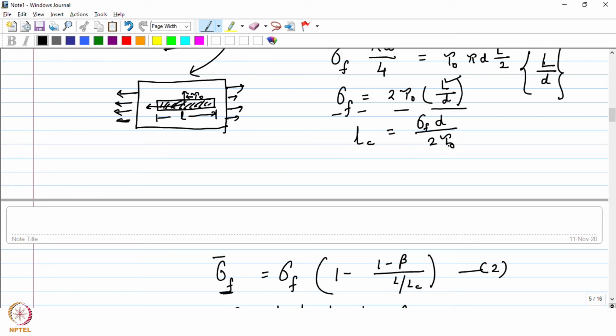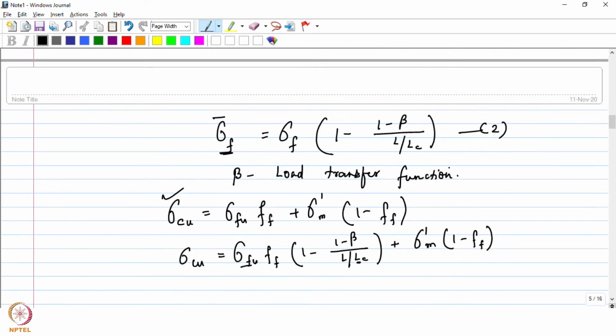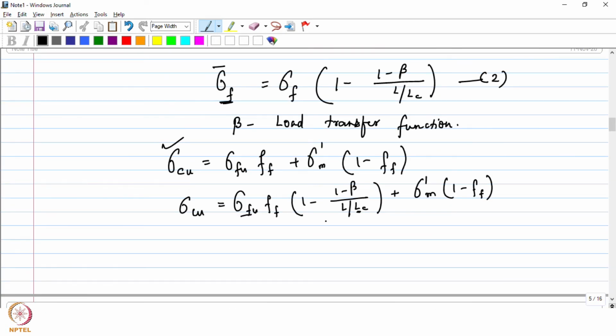Sigma F by tau 0 is nothing but a dimensionless parameter, a dimensionless number. So L by LC basically represents L by D, right? So when L is small, you can see the strength of the composite will be lower.